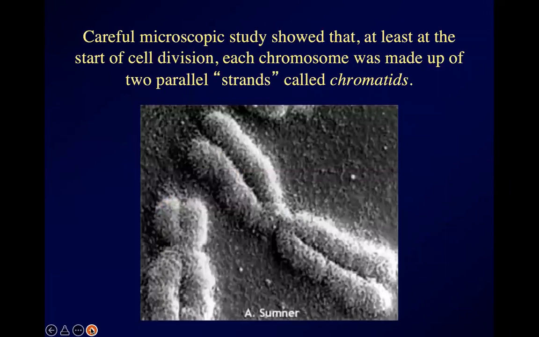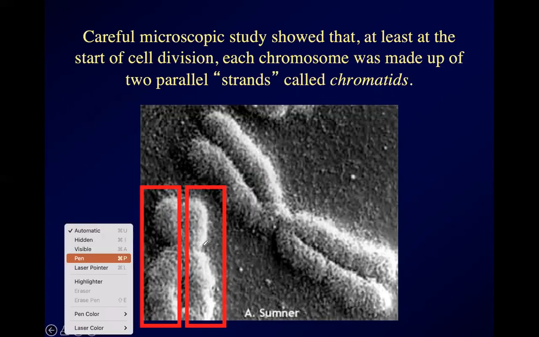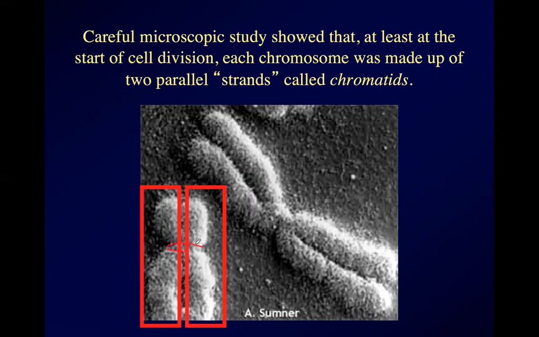And I'd mentioned that very careful microscopic studies showed that at the start of cell division, each chromosome is made of two parallel strands. There's one, and there's one, which is cool. I can go back and forth with these little arrow keys and make it computer animation. This is practically Pixar. Those two strands are called chromatids, and they're joined at a point in the center called the centromere.